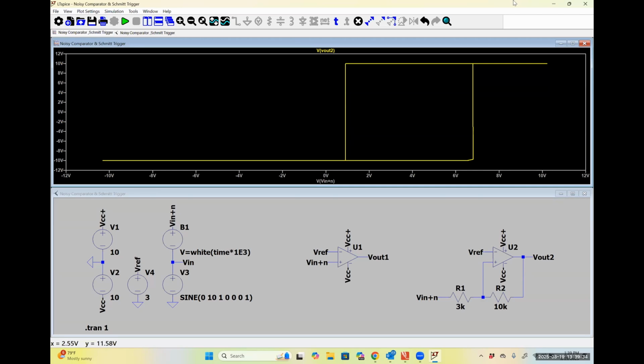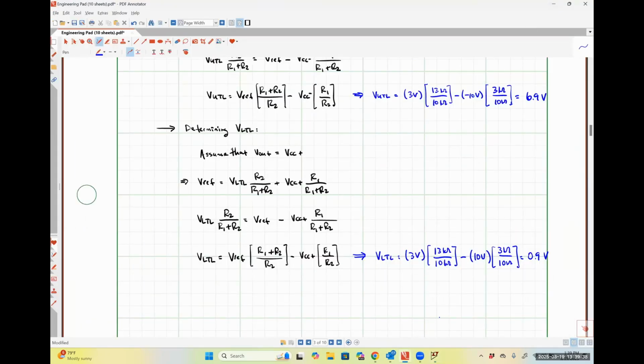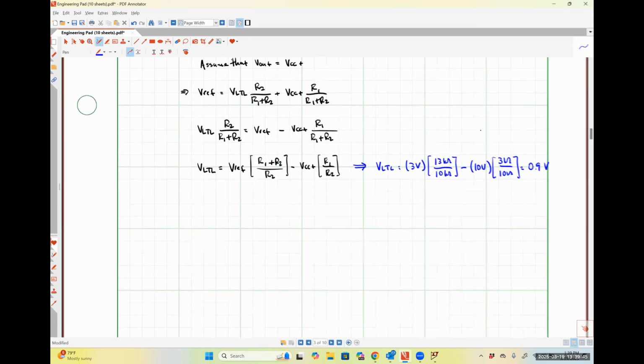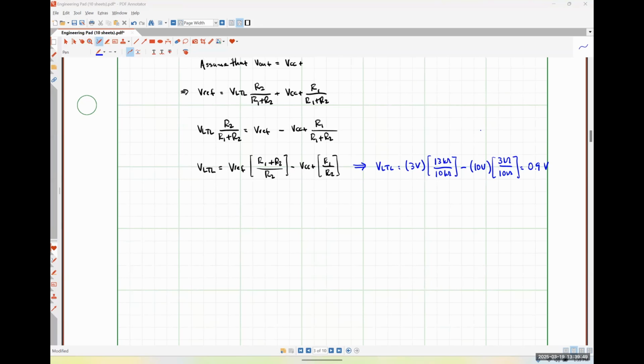My inverting Schmitt trigger circuit is essentially the exact same thing as my non-inverting Schmitt trigger circuit, except that I'm going to swap Vref and Vin, exactly like I did between going from a non-inverting comparator to an inverting comparator.